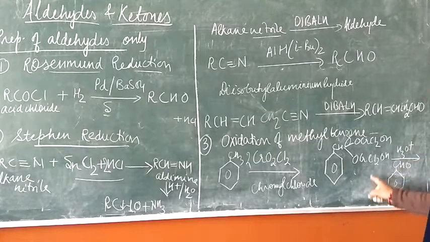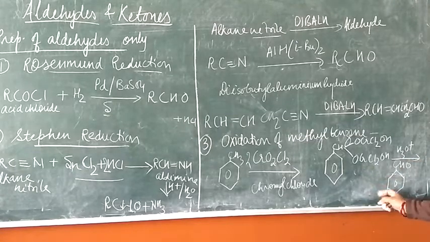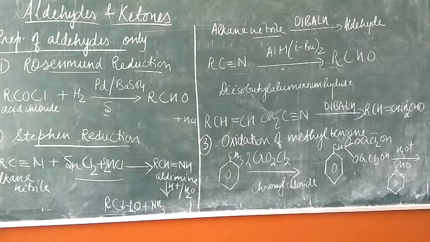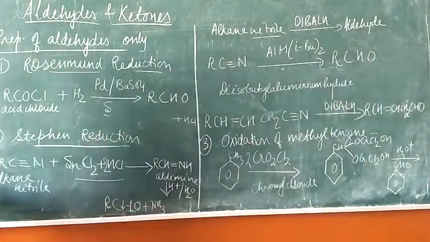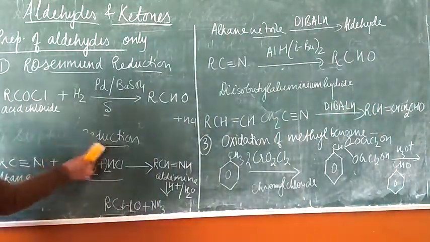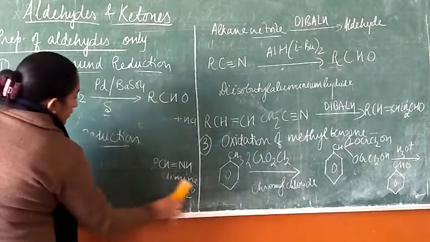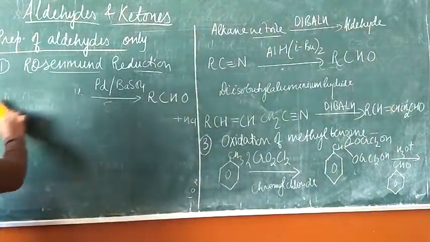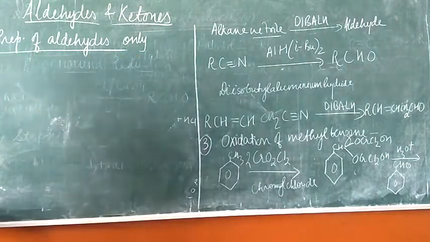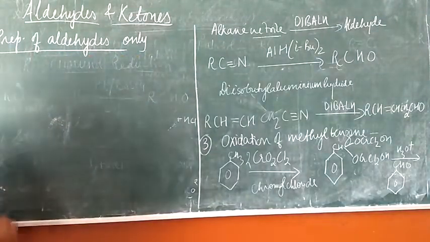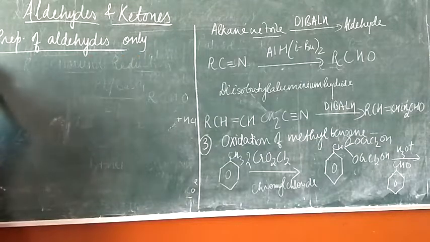This is benzaldehyde. Along with this, the chromyl chloride will be reobtained. Now, we can also obtain benzaldehyde from methyl benzene by carrying out the oxidation with acetic anhydride in presence of chromic oxide.